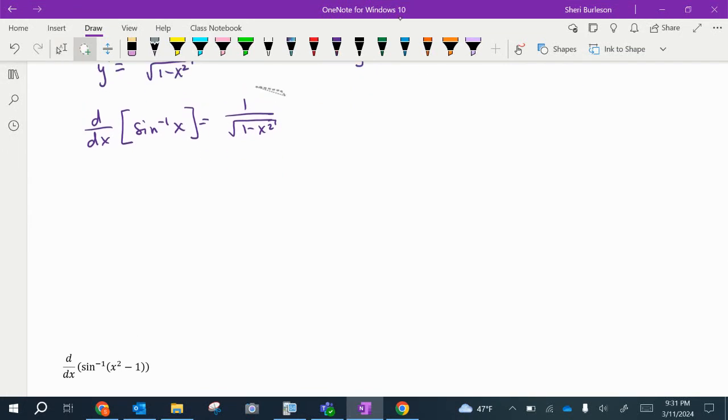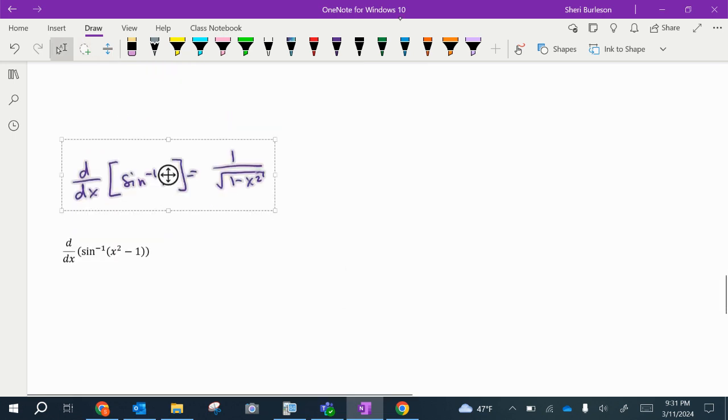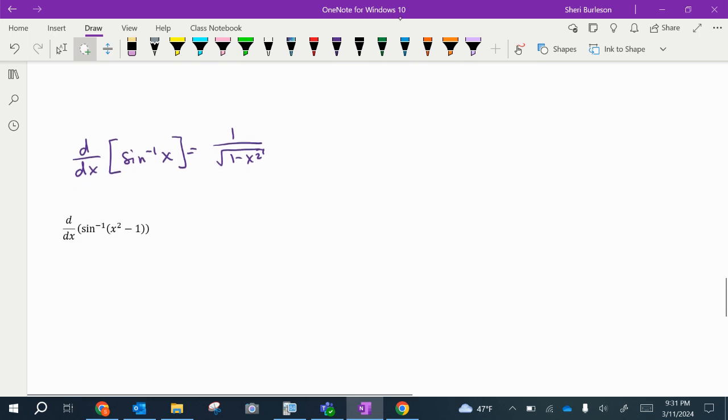So let me move this down a little because I am the worst at estimating space. If the derivative of inverse sine of x is 1 over the square root of the quantity 1 minus x squared, what is the derivative of inverse sine of, inside parentheses, x squared minus 1?